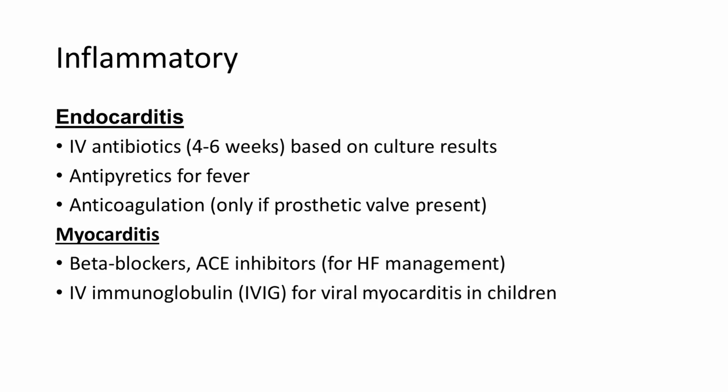Myocarditis, we can use beta blockers. Beta blockers are going to decrease myocardial O2 consumption. ACE inhibitors are going to help prevent the remodeling that's going to be related to that disease process. And we can also use IVIG for viral myocarditis in children.